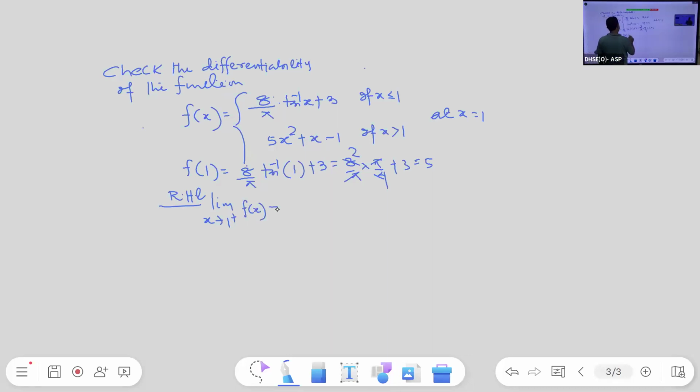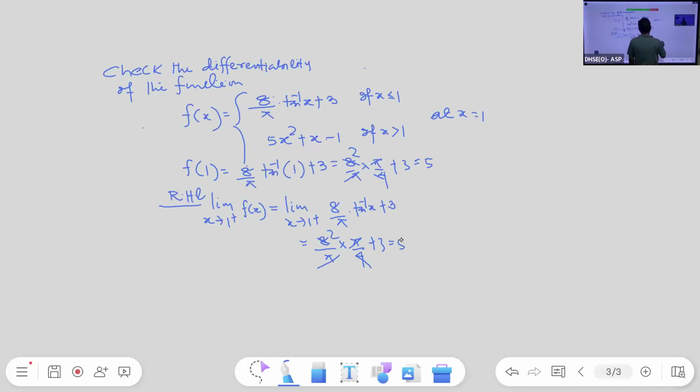This is equal to limit x tending to 1 plus 8 by pi into tan inverse x plus 3. This is equal to 8 by pi into tan inverse 1, which is pi by 4, plus 3. Pi cancels, 4 into 8 is 2, plus 3 is 5. Functional value of the function is 5. Right hand limit is 5.